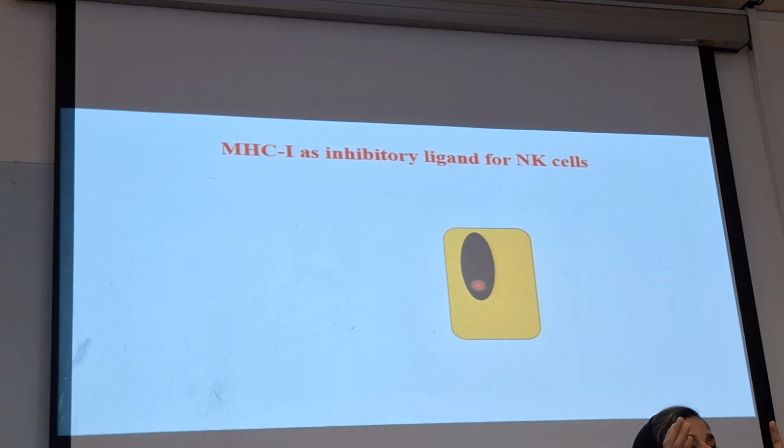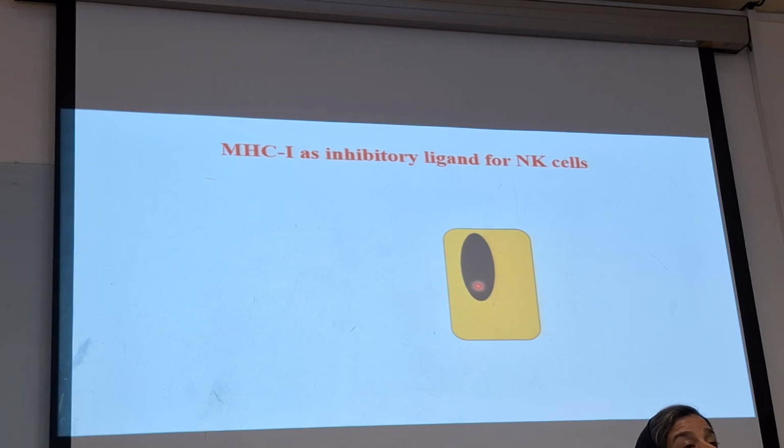On the surface of every NK cell, we have a lot of inhibitory receptors and activating receptors. If the activating signal is more than the inhibiting signal, these NK cells are activated, degranulate, and lyse target cells.